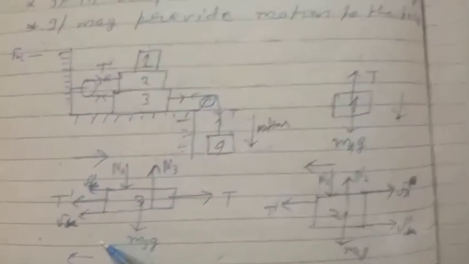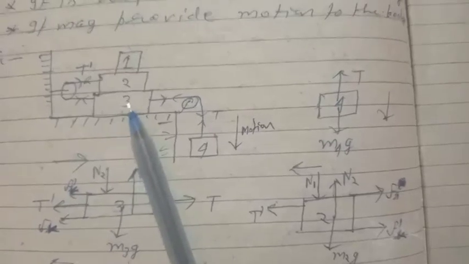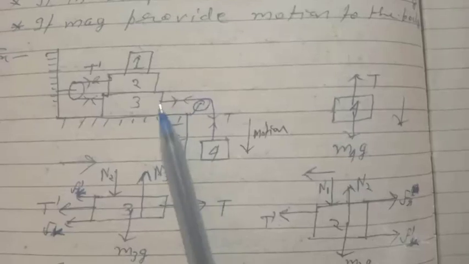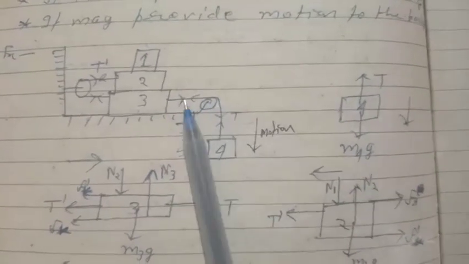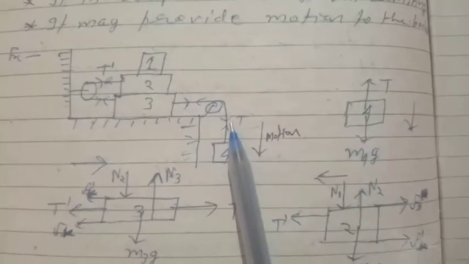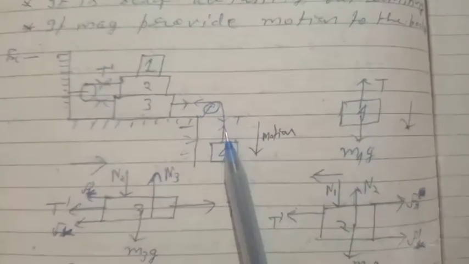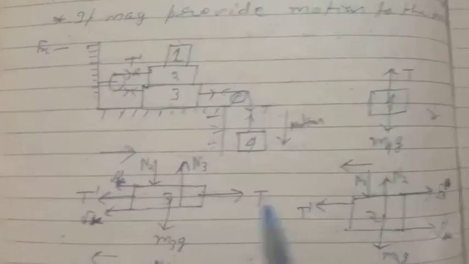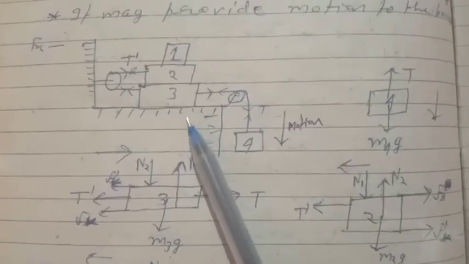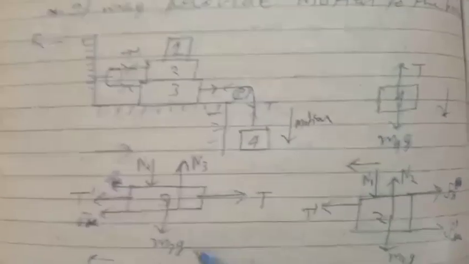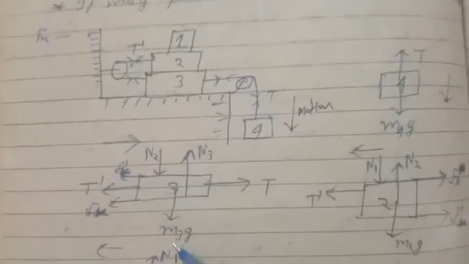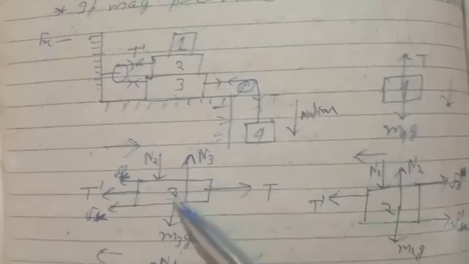Now if we draw the free body diagram of body 3, this body has a tendency to move in this direction, and the tension in the string will be T, because the string is massless. So everywhere the tension will be the same. So this is T in this direction. Now this surface will apply a normal force in the vertically upward direction, shown as N3, and the weight of the body will be in the vertically downward direction, which is M3G.